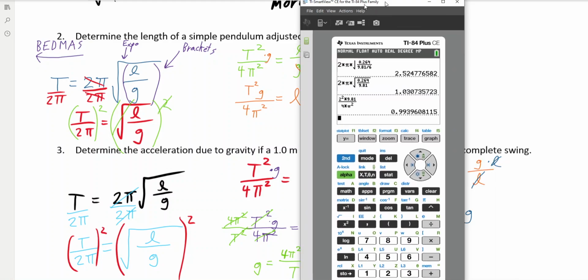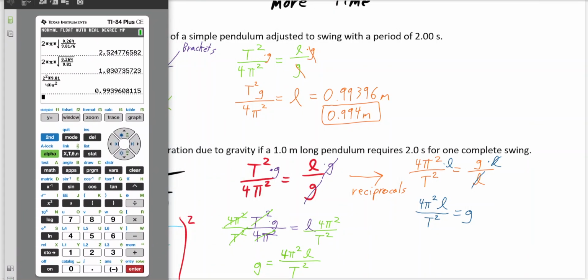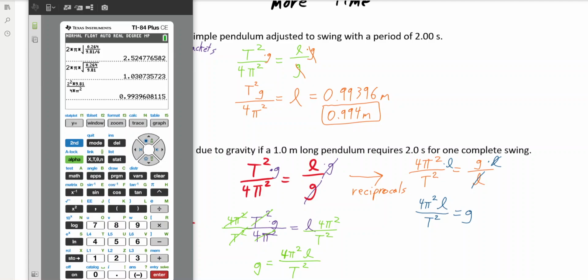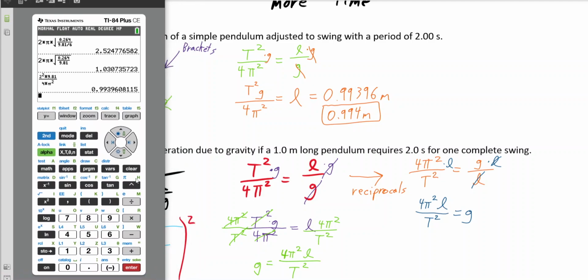So let's go ahead and actually try this out this time. So let's try this out this time with 4 pi squared times 1, which is the length of the string, over 2 squared, which is the period, and we get 9.8696.